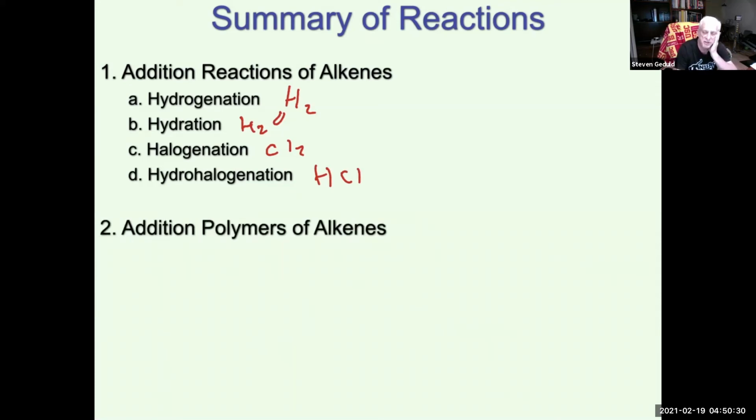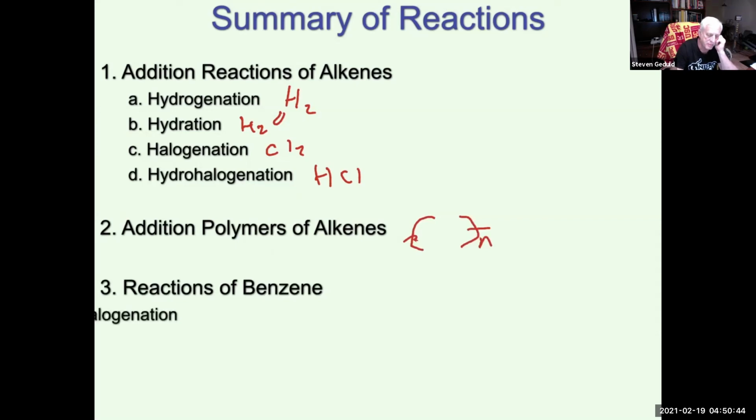Addition polymers like styrofoam cups, stuff that we make. Okay, so you're taking one unit and you're adding that over and over, making this long chain. This long chain polymer from these monomer units. Reactions of benzene we just talked about. Halogenation, there are three, remember, halogenation, nitration, and sulfonation.